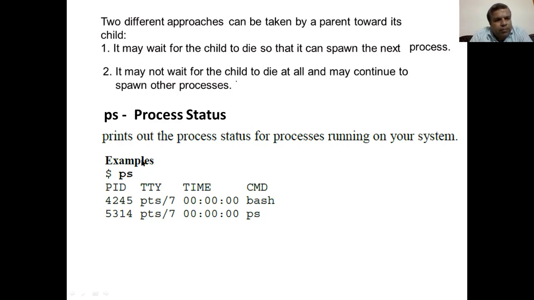An example. So here the ps command is executed without any arguments. When the ps command is executed without any argument, it displays all the processes for the current shell.